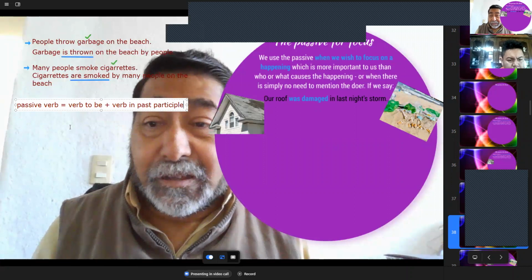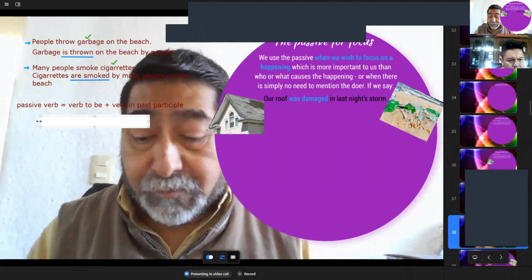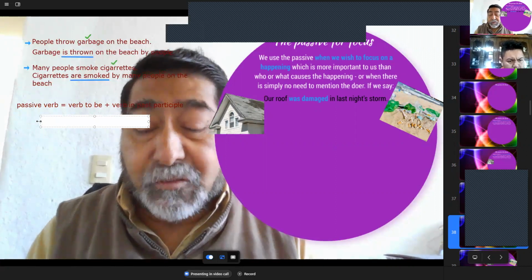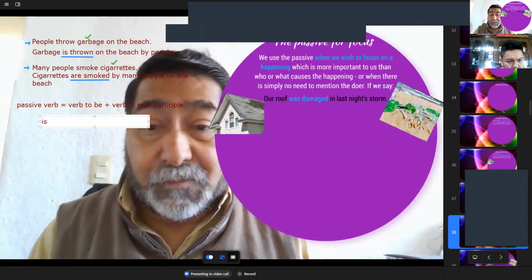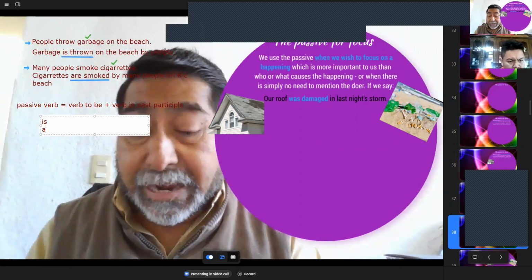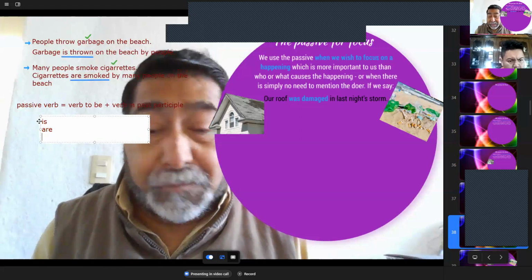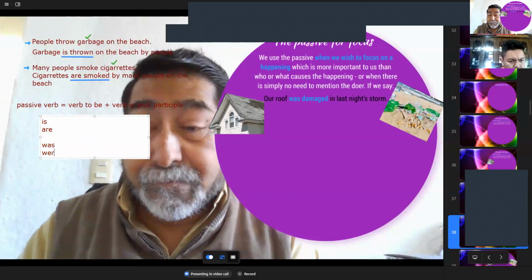Example. I can use in the passive verb the three forms of the verb to be. When we work with passive voice, it can be is or are if it is in present. If it is in past, I can say was or were.